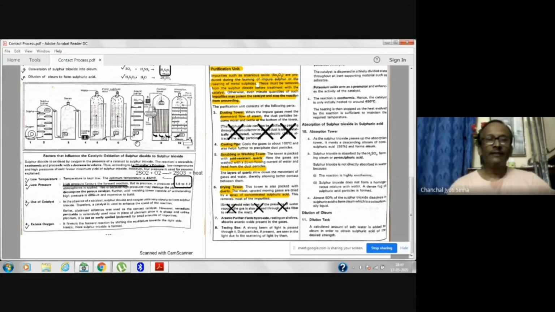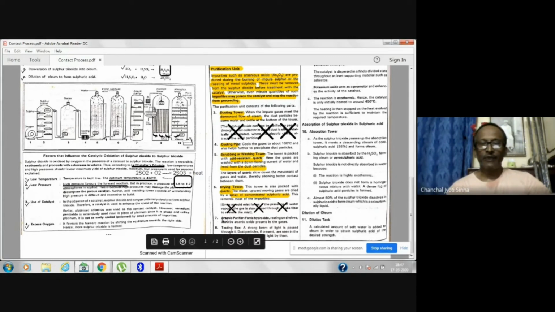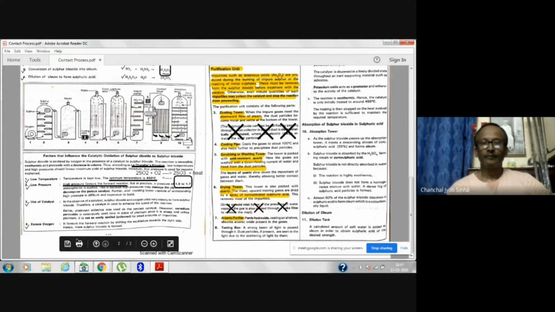And number 7 chamber is the arsenic purifier. Here, ferric hydroxide is kept on shelves. These are racks. It absorbs arsenic oxide impurities if present in the gases. This chamber is most vital in the total purification unit.